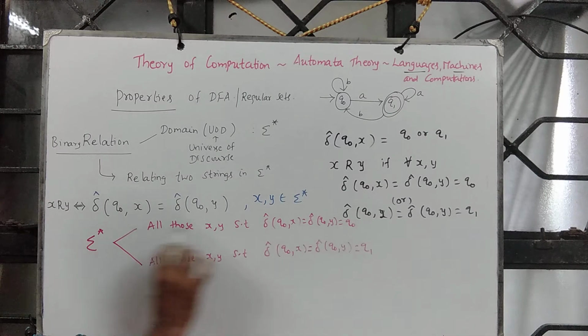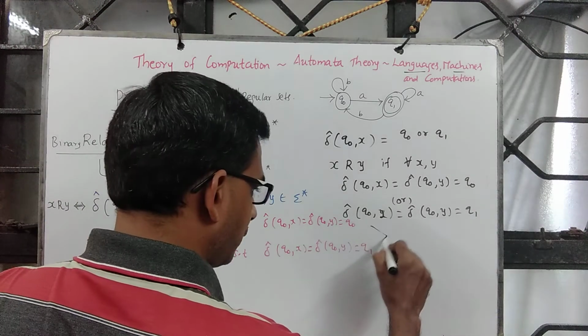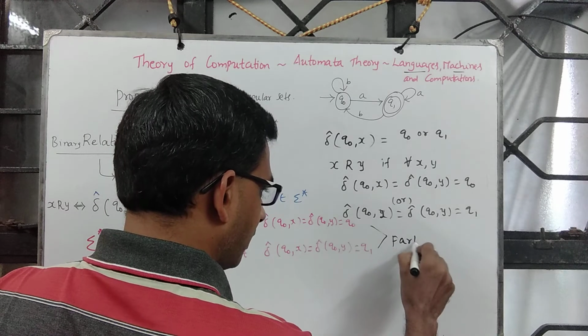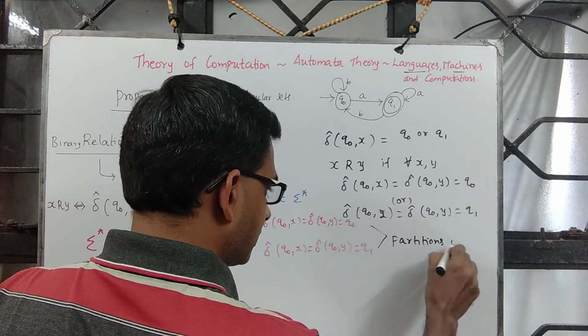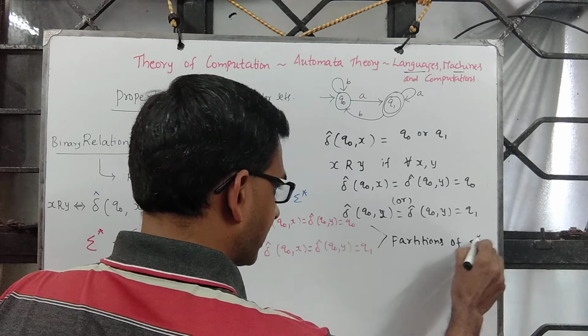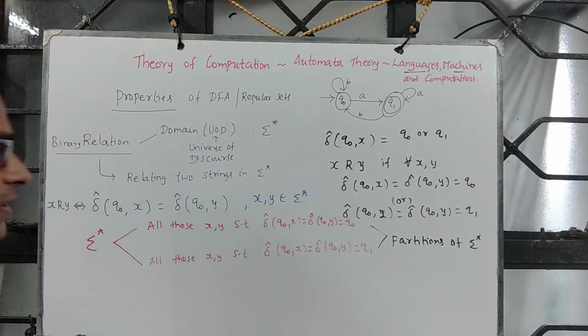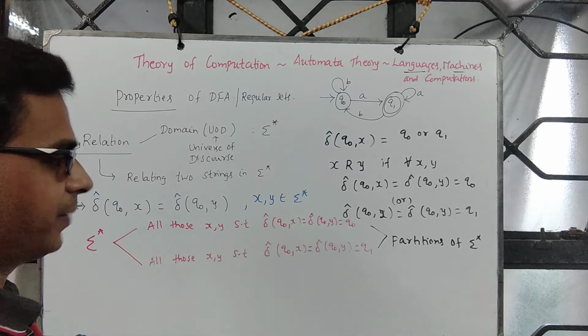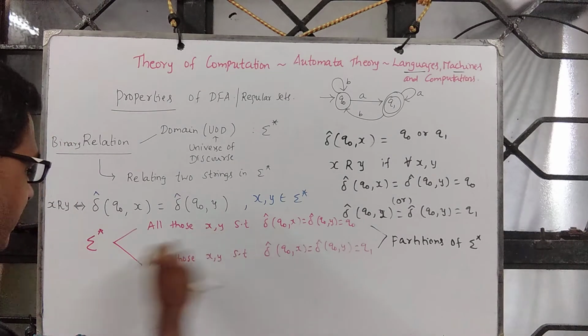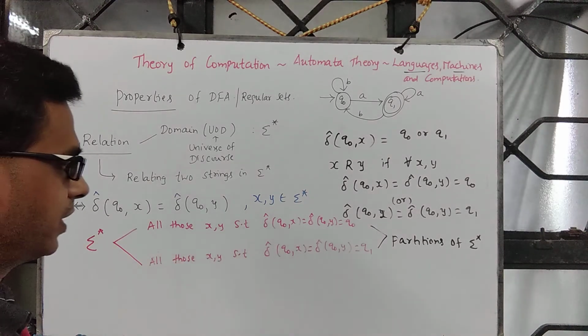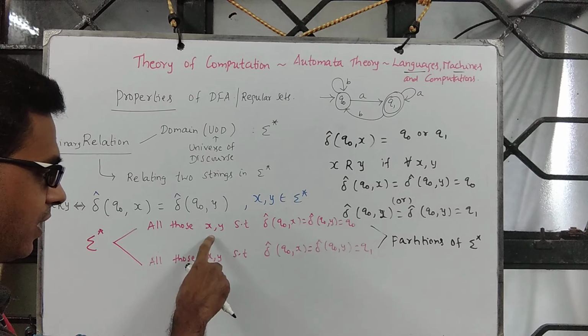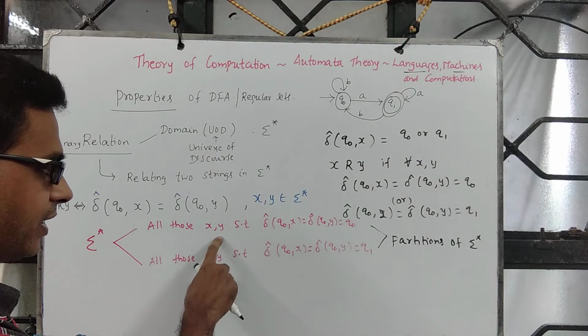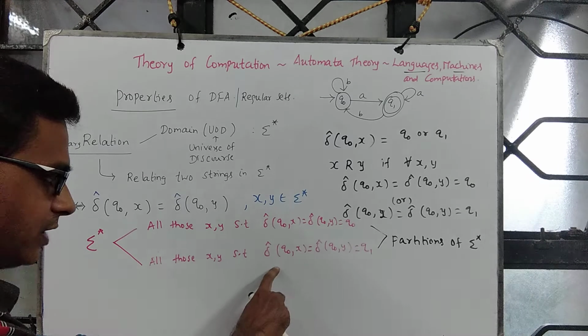and it precisely partitions. So these two are partitions of sigma star. What is a partition? The intersection is empty. The union gives me sigma star. It cannot be the case that an x, y that appears here is also appearing here.